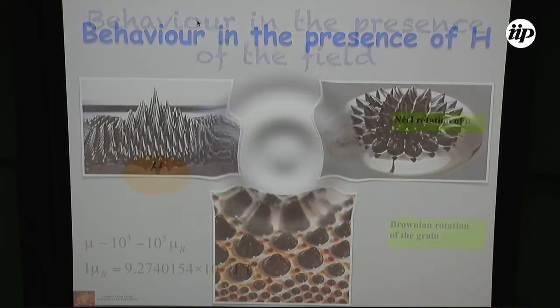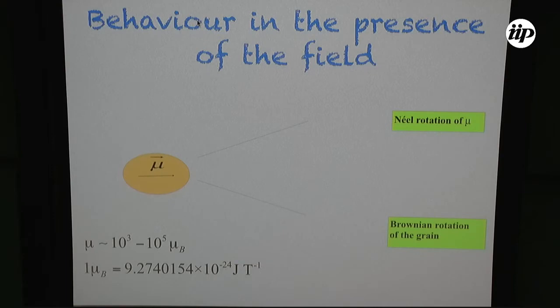type of structures. Well, so typically in a ferrofluid particle like that, you have about 10 to the 3 to 10 to the 5 Bohr magnetons for the magnetic moment of the grain. And when you put it in the presence of a magnetic field, you can basically have two types of process. One of them is named Néel rotation, where you freeze the magnetic moment in a direction not exactly parallel to the magnetic field, but mainly in the direction of the field.